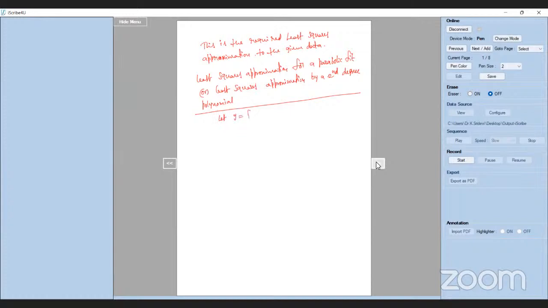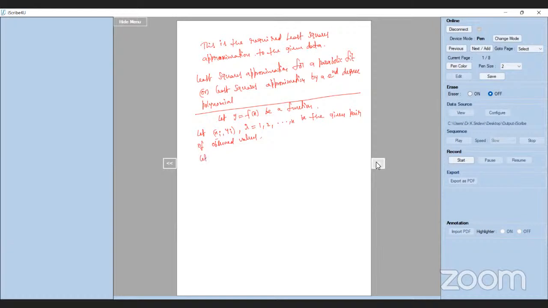Let y is equal to f of x be a function, and suppose that (xi, yi), where i equal to 1, 2, and so on, n, be the given pair of observed values. So that means this is the given data, x1, x2, and so on, xn, y1, y2, and so on, yn. These given values are called observed values in this concept.